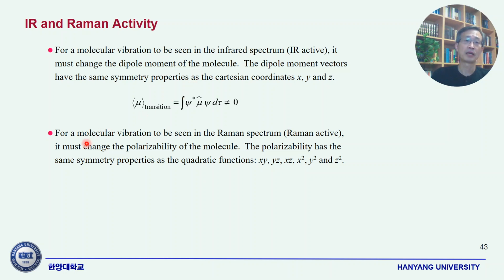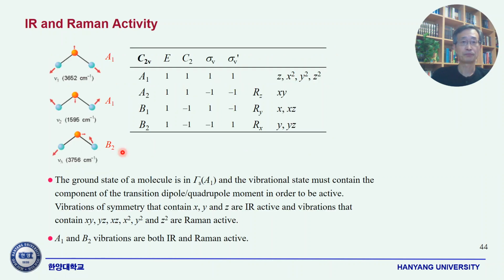And for the Raman spectrum, it is if the polarizability changes, if the product of coordinates XY, YZ, XZ, X square, Y square, Z square are components in the vibration, that vibration is Raman active. That's the criteria we are going to apply.